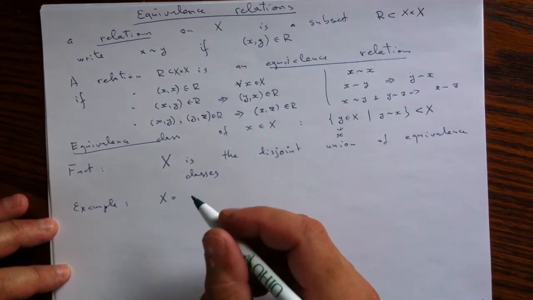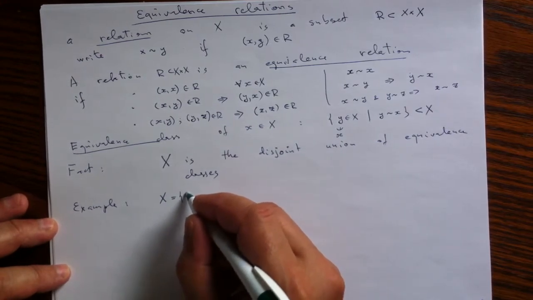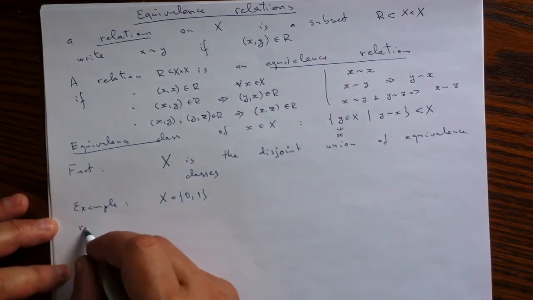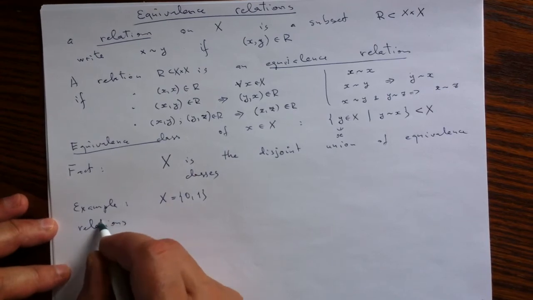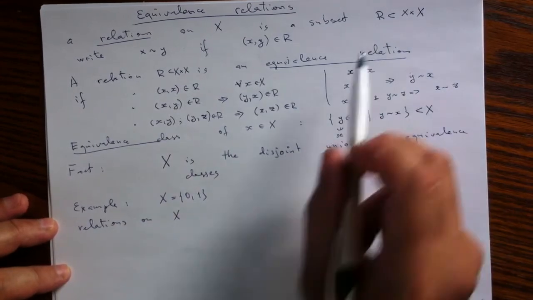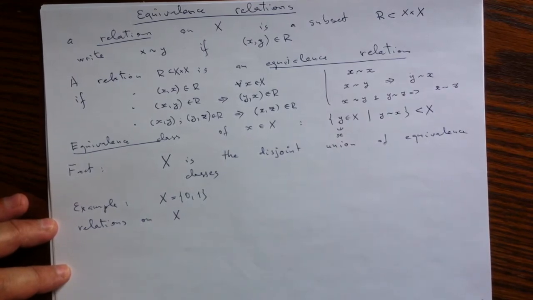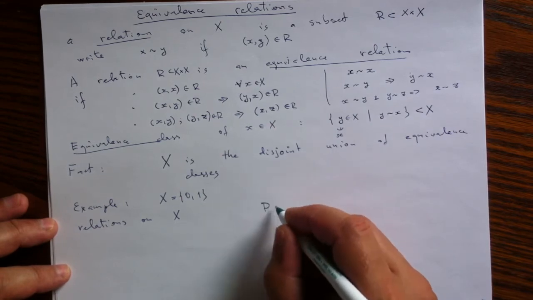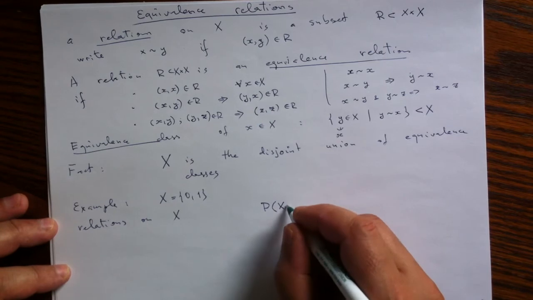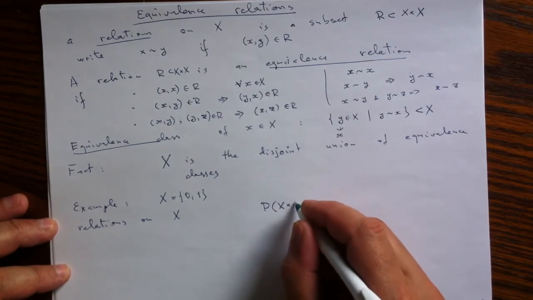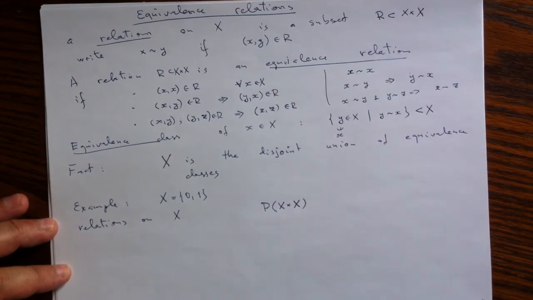Let's think of elements as say numbers 0 and 1. So relations on the set X we count first, and they're just subsets of the Cartesian product. So we are looking at the power set, the set of all subsets of X Cartesian product with itself.